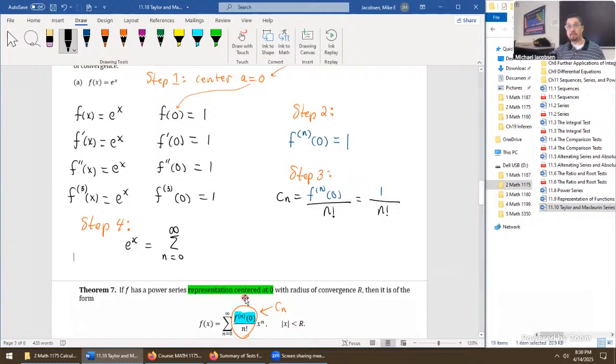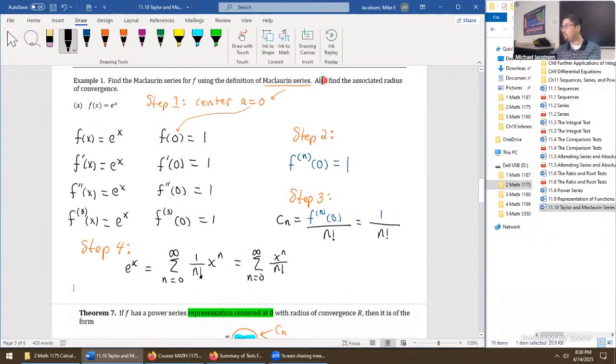And following the formula down below, all we need to do is grab this 1 over n factorial, multiply it by x to the power n. So that's our whole statement there. That can be simplified a little bit better. It's a summation from 0 to infinity of x to the nth power divided by n factorial. So somehow, some way, this represents e to the x.